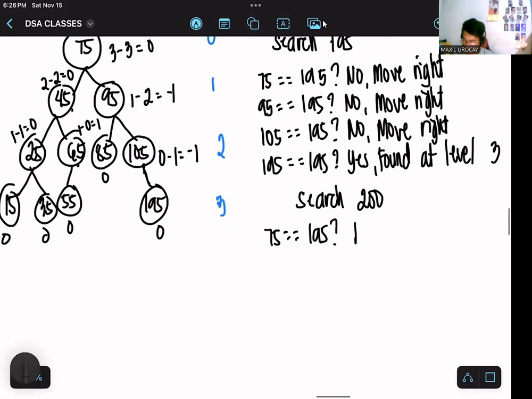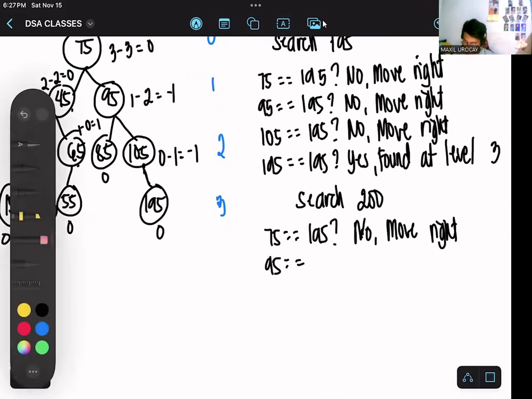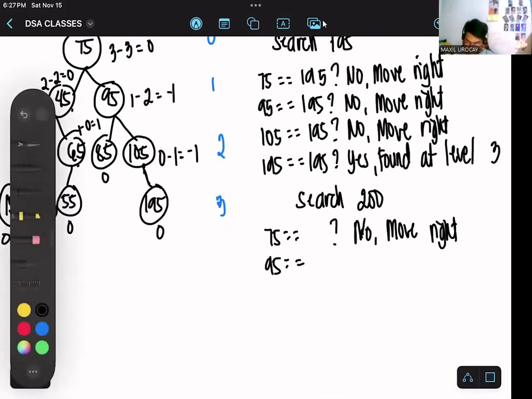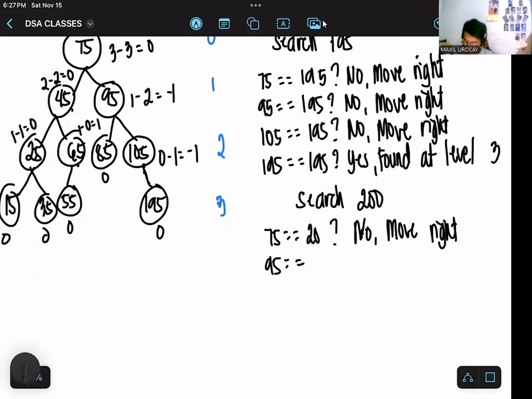You have to move right since 75 is less than 200. After moving right, is 95 equal to 200? No. Sorry, I was still writing 195. It must be 200, since 200 is the key element you want to search. Is 95 equal to 200?